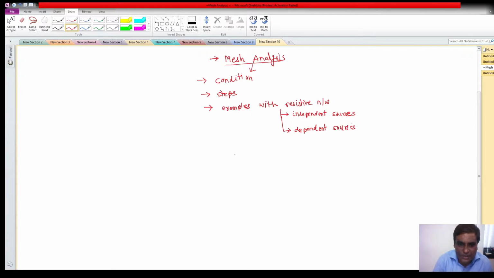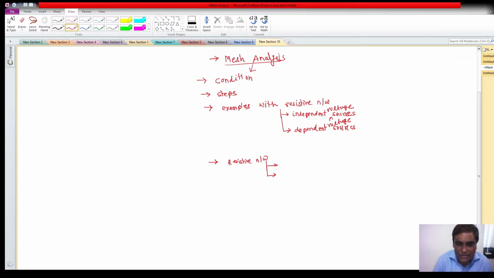Once we are familiar with this, next we will see the resistive network where only current sources are present. Let me write here the dependent sources.